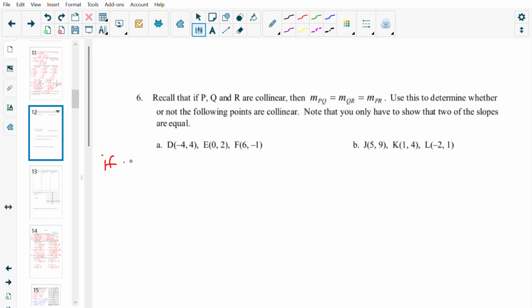Okay, so if slope of DE equals slope of EF, then D, E, and F are collinear. So let's check. Let's calculate slope of DE.